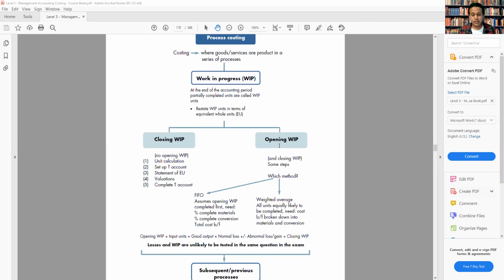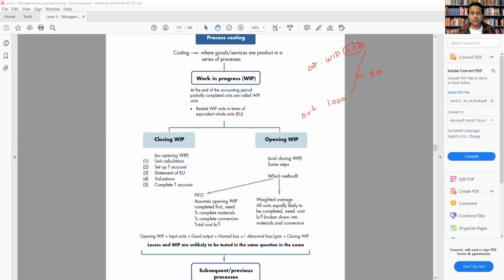The reason I'm explaining this again, I know it's very simple, but you have to remember: if the question says actual output is 1000 units, and the question mentions opening WIP is 200, then we actually produced for this period only 800, not 1000, because we already had 200 units from the last period.